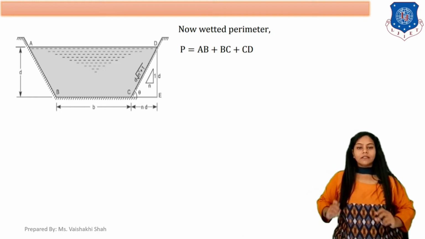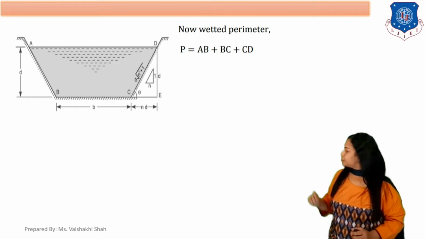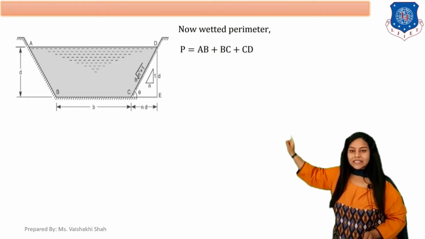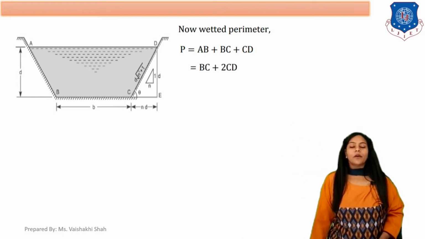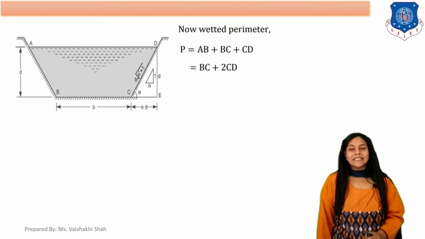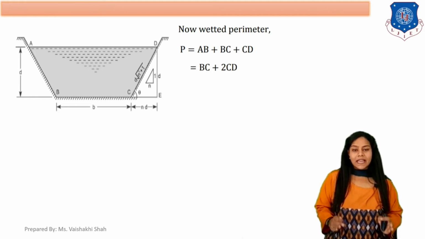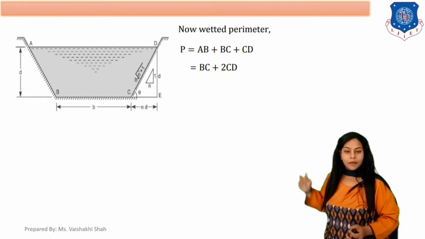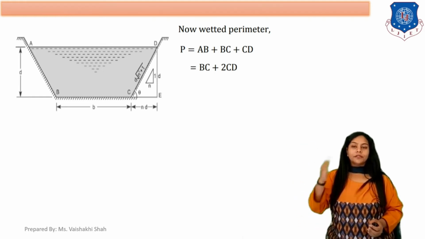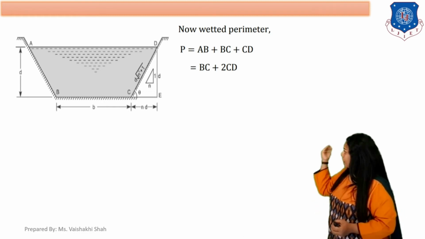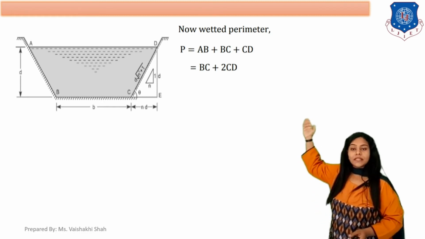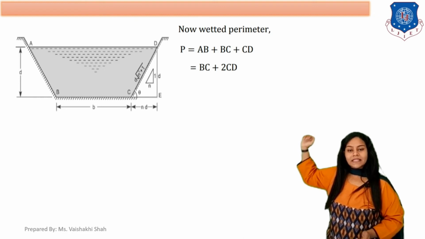So total wetted perimeter P equals AB plus BC plus CD. Since AB and CD are equal lengths, AB plus CD equals 2 times CD. So P equals BC plus 2 CD.